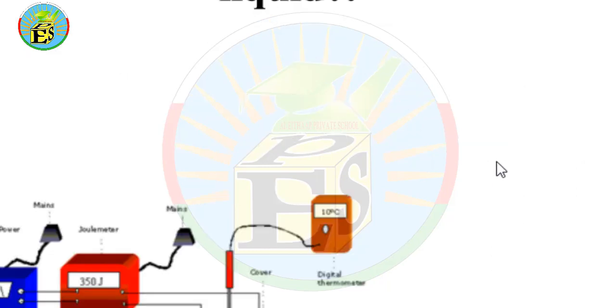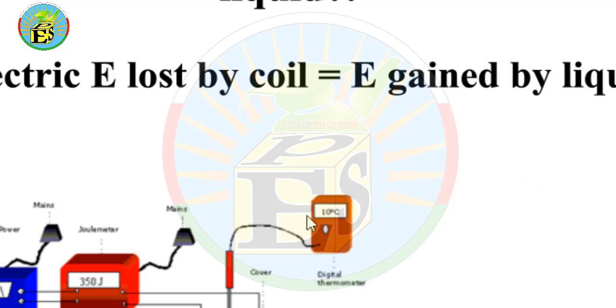Heating coil in liquid. How can we use energy conservation to find the specific heat C for a liquid? We use this device. This is a calorimeter and this is a thermometer.